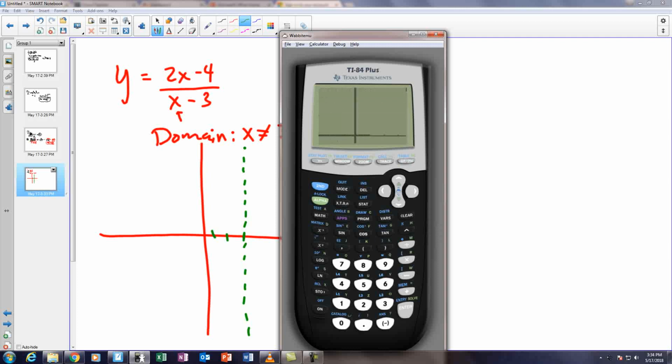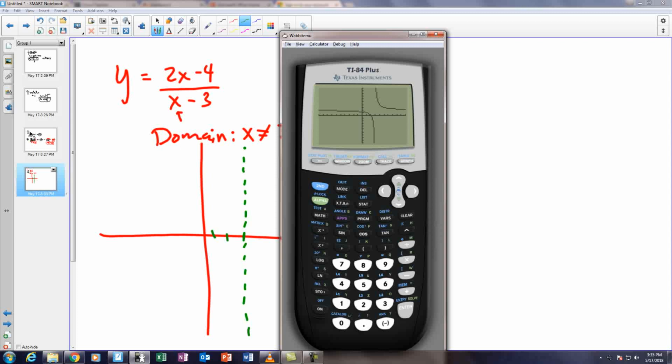And I'm going to change my view because I've been messing with it. The nice thing is your calculators will have been reset, and so you won't have some of these issues. And so there's my graph. I can see that here at around 3, if you can kind of see where the cursor is, right there at 3, there's a break in the graph. And so there's a graph to the left and a graph to the right.